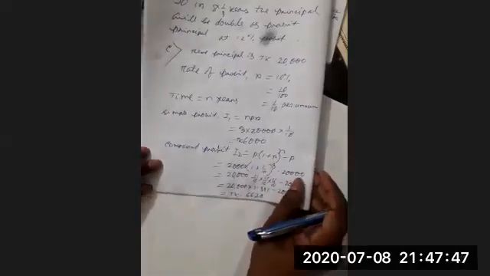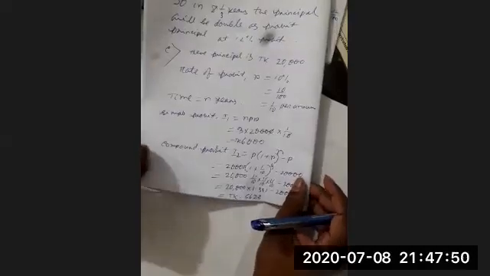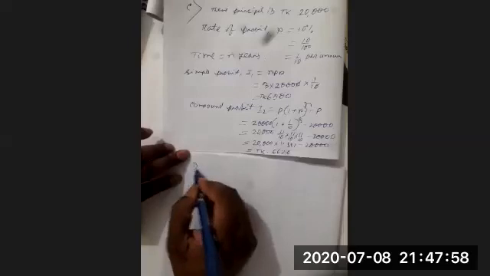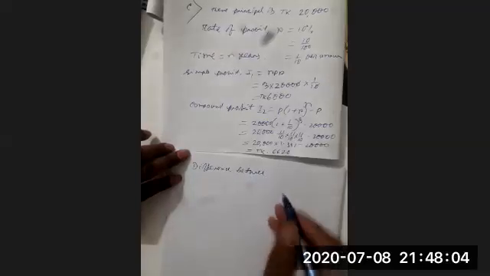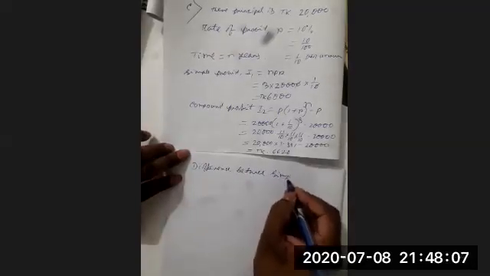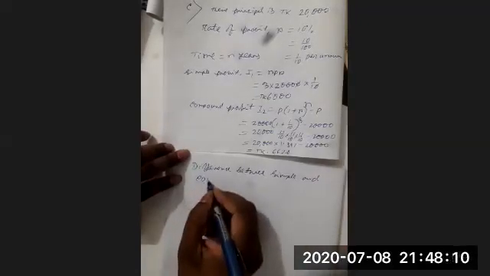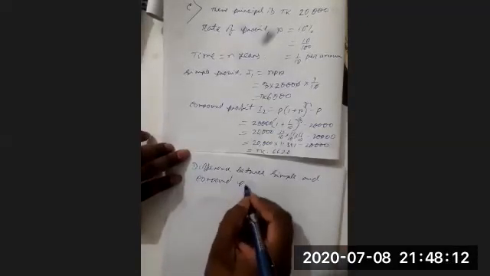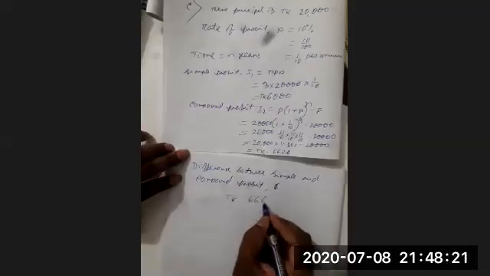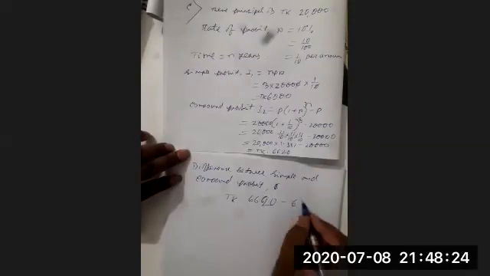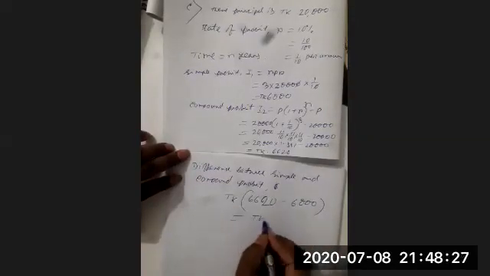So the difference between simple and compound profit will be 6,620 minus 6,000 equal 620.